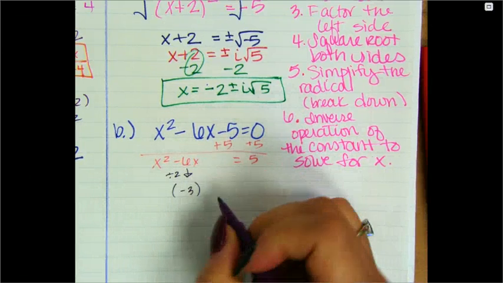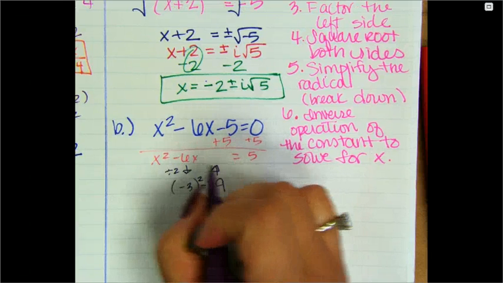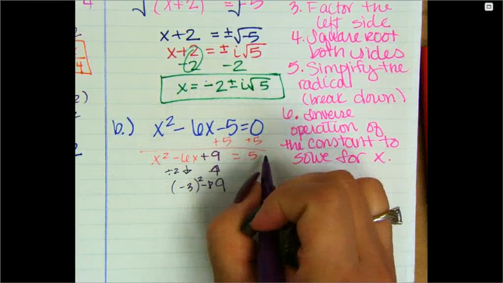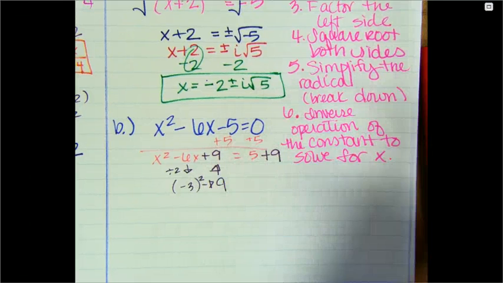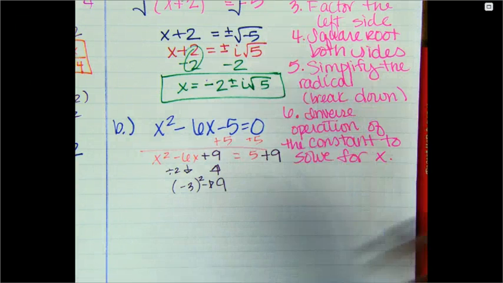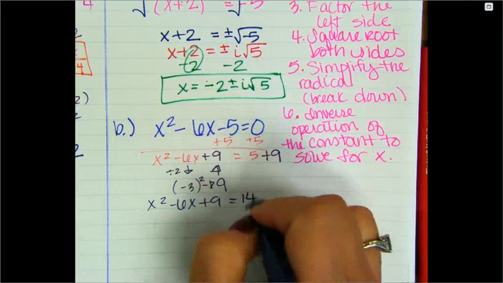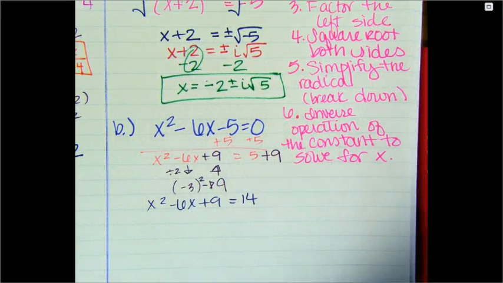And then we square it, which is 9. We bring 9 here and to the other side. Let me rewrite it so it looks nicer: x squared minus 6x plus 9 equals 14. What's the next step? To factor. Go factor for me.